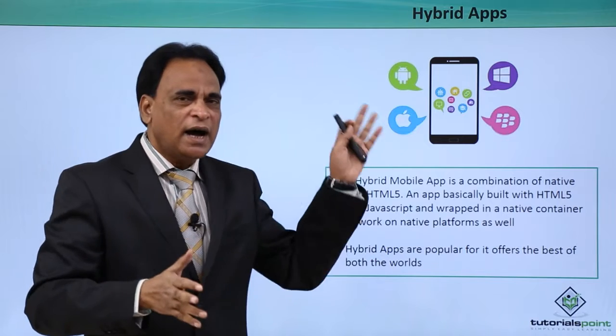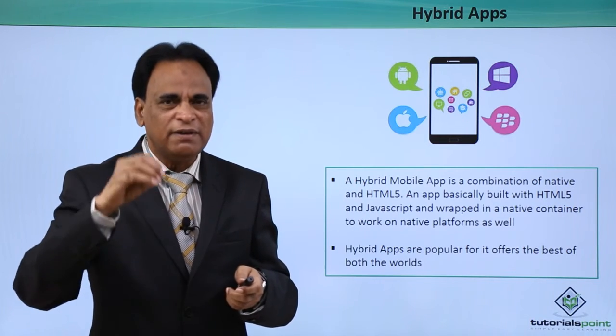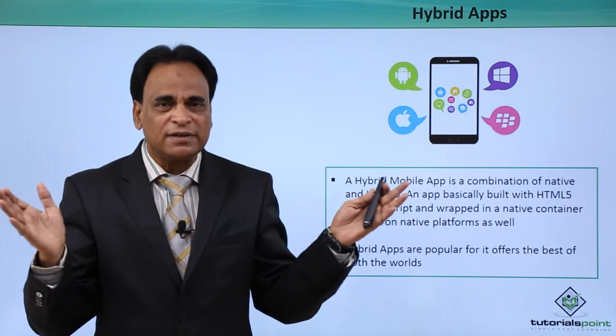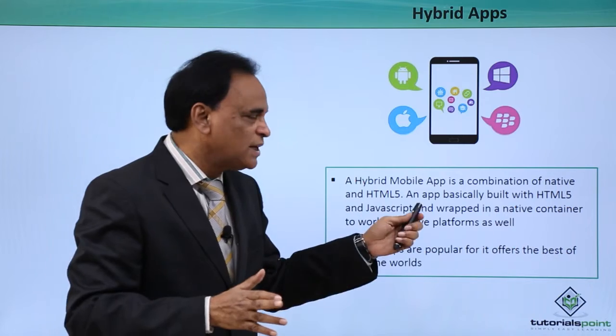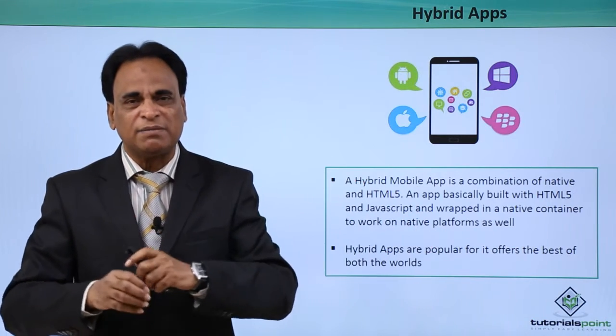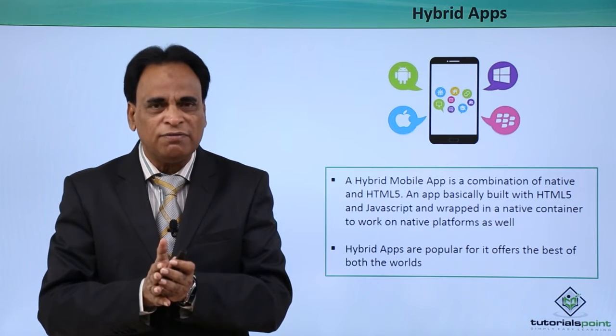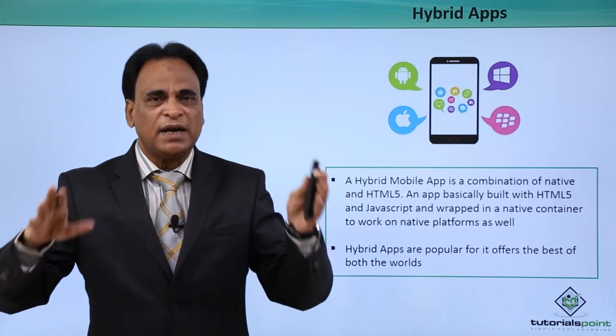A hybrid app is built using HTML5 and JavaScript, but it is wrapped in a thin container, and that container is associated with the native platforms, so it can also run on them. This is a combination of both open source and native apps.